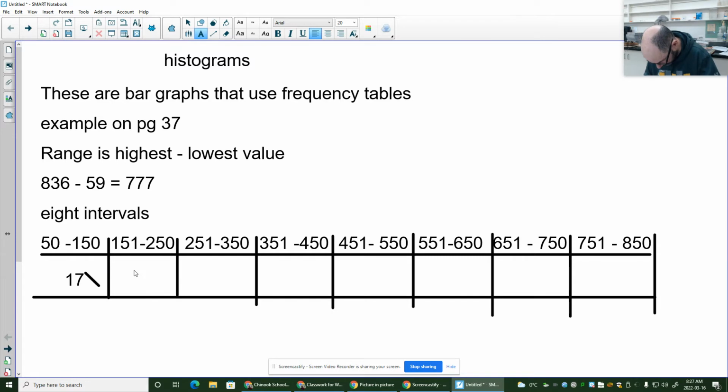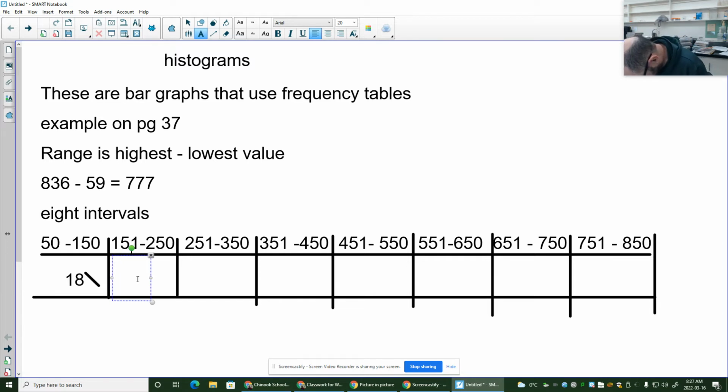Okay, 151 to 250. 1, 2, 3. Oops, this is 18. I see one in here I missed. 18. Okay, sorry about that.